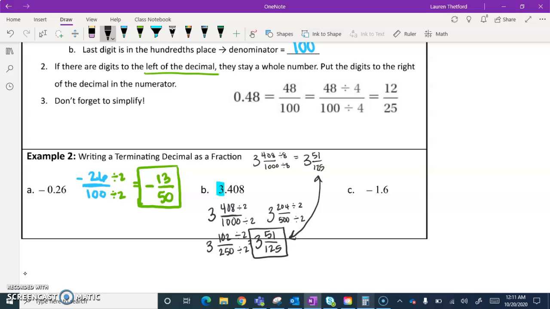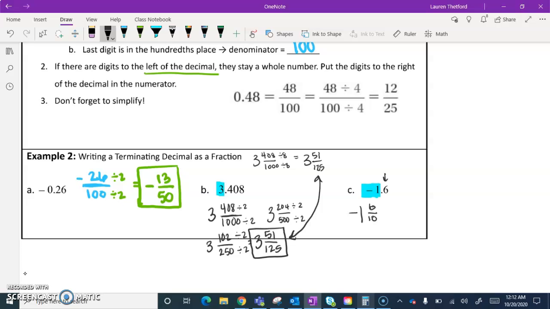All right, so now we have -1, and that's to the left, just like we said, so we keep that as a whole number. We also have to keep our negative. And then this is 6/10, because that 6 is in the tenths place.